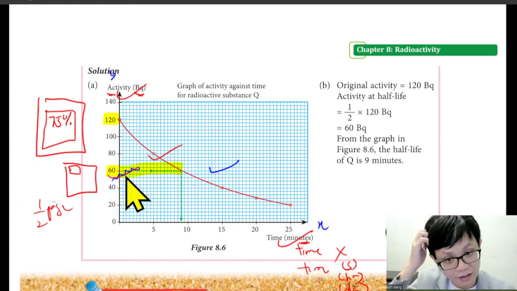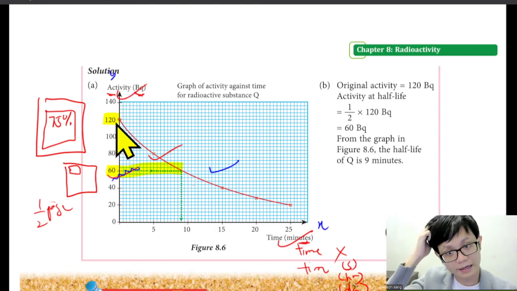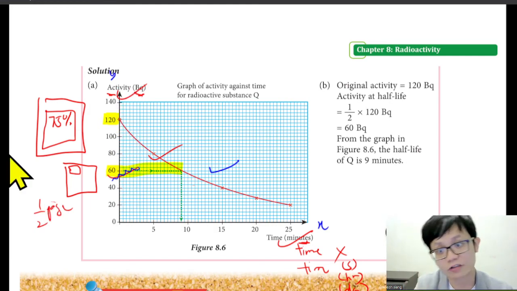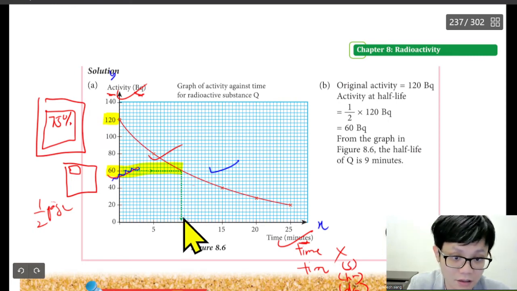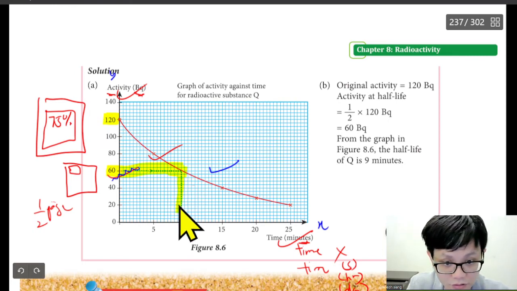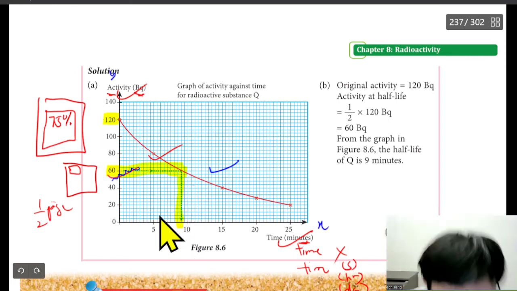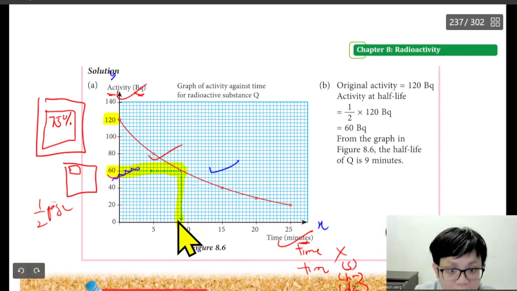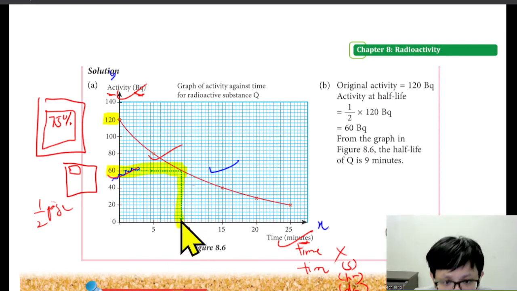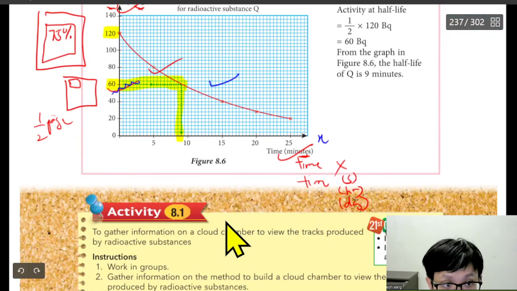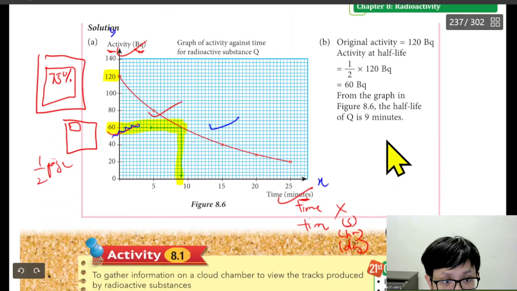Where was I? Okay, so half of 120, you get, this one is 8. Correct or not? 9? Why do you suddenly say 9? Why did I think it's 8? Let me see.